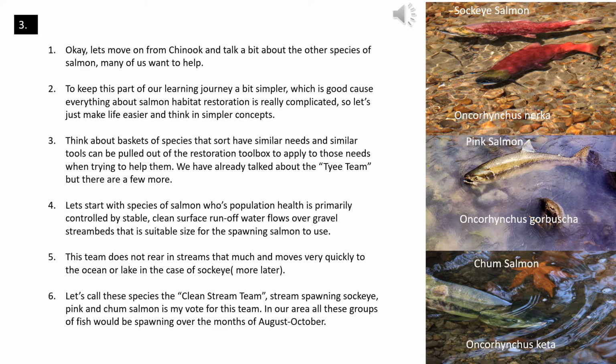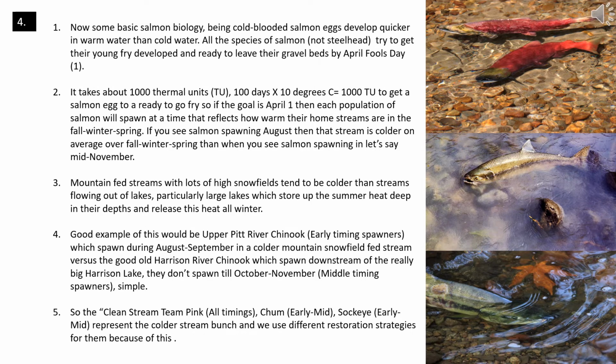And I'll talk quite a bit later about why the time they spawn means something, and tells us something we should consider when we are developing our salmon habitat restoration plan. Okay, so let's begin with some basic salmon biology. These things are cold-blooded, and their eggs, when they're placed in the gravel, develop quicker in warm water than cold water.